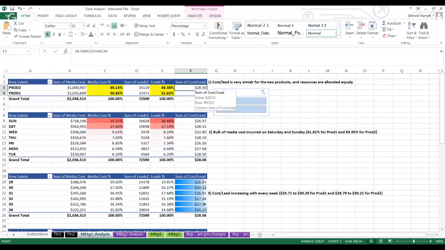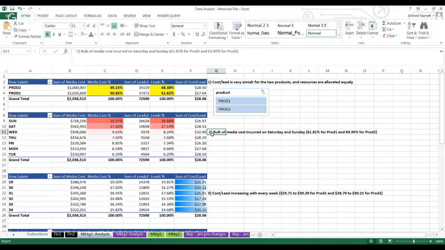And the cost per lead for both products is also quite similar. You're looking at 28.5 for product two, 27.6 for product one. So again, to sum up that point, resource allocation looks equal for both products, and the resulting leads also look equal for both products.